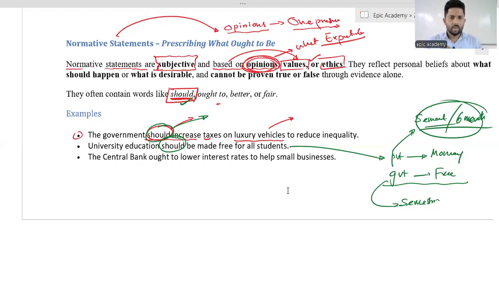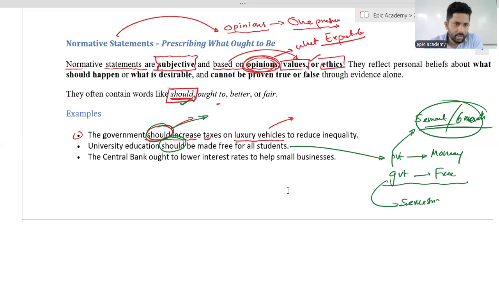Right. So then let's discuss the third example. The central bank should lower interest rates to help small businesses. Yes.